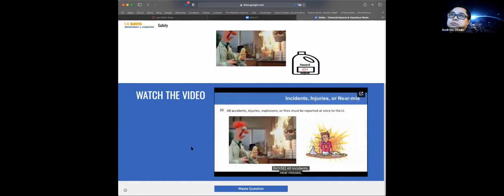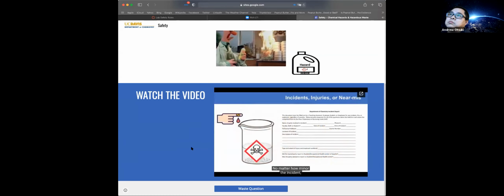All incidents, near misses, injuries, explosions, or fires must be reported at once to the laboratory instructor. In case of serious injury or fire, even if the fire is out, the lab instructor or lab supervisor must call 911. If a student is seeking medical attention, they must always be accompanied to the student health center. No matter how minor the incident, always report it to your lab instructor.